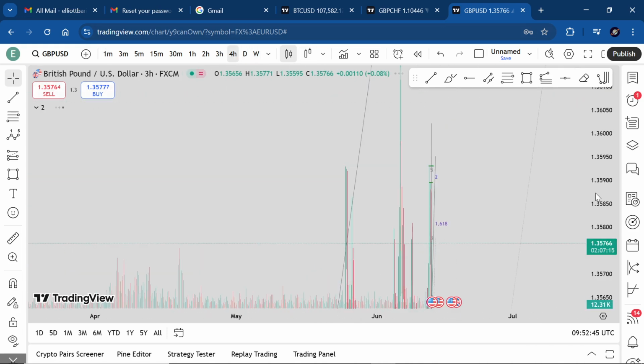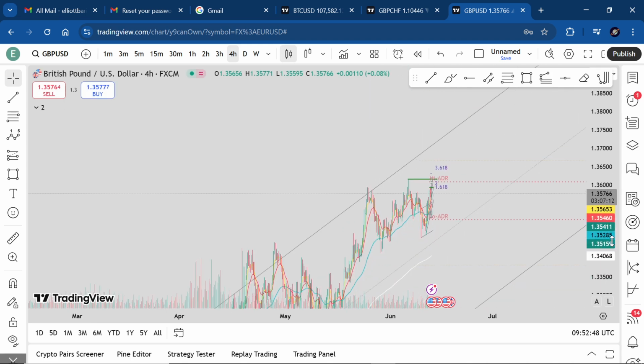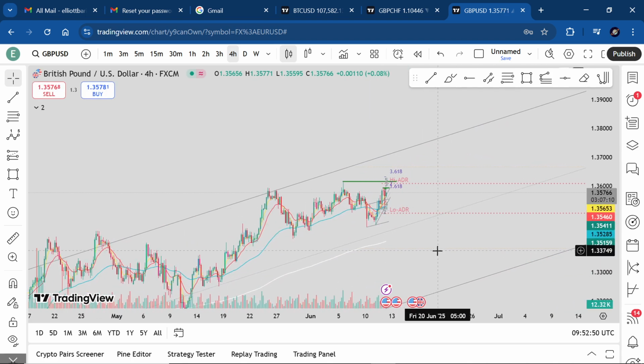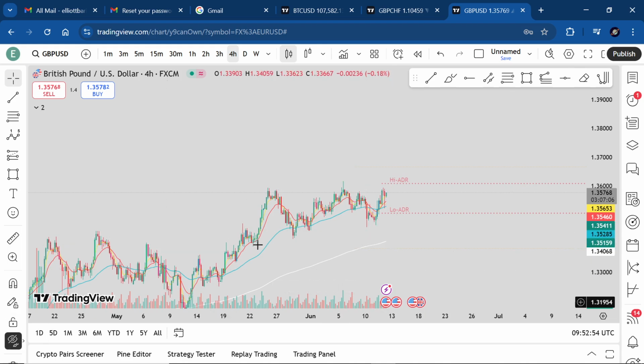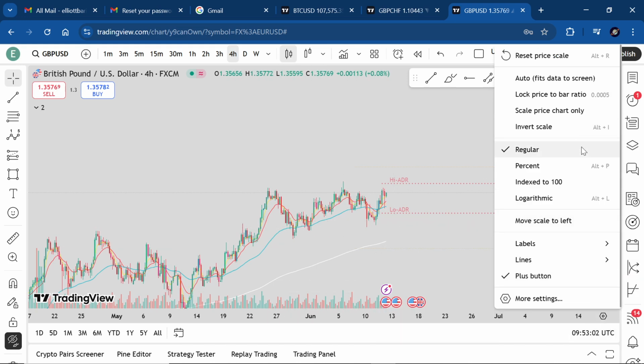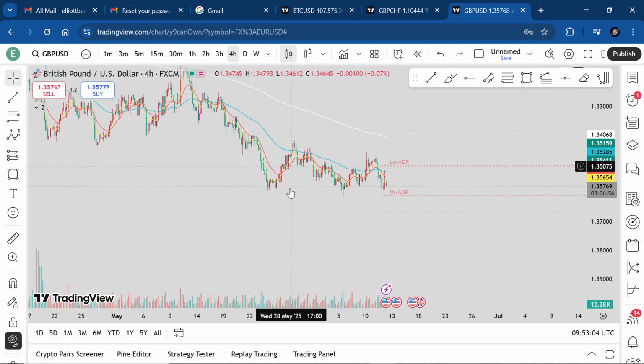Just going to go to the 4-hour to get the 4-hour perspective, okay? You can see here we have a W formation. That's a reaccumulation. If you ever see a reaccumulation, this is what they look like, okay? If you're looking for a distribution, you could invert the scale, right? This would be what your distribution looks like.